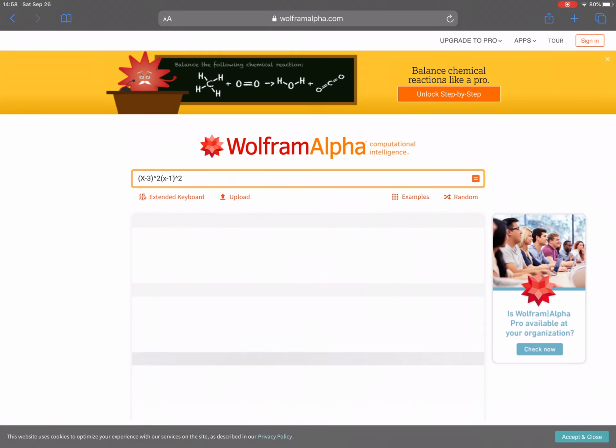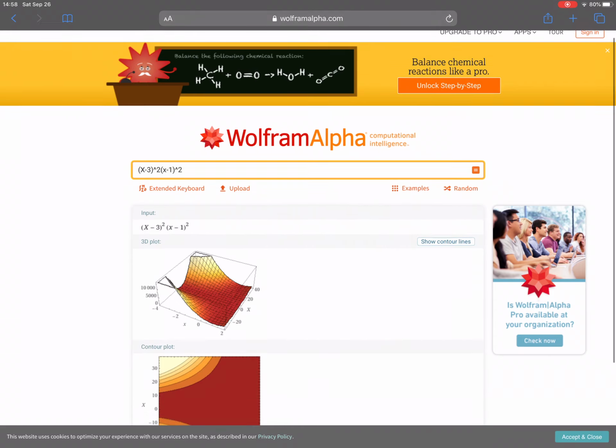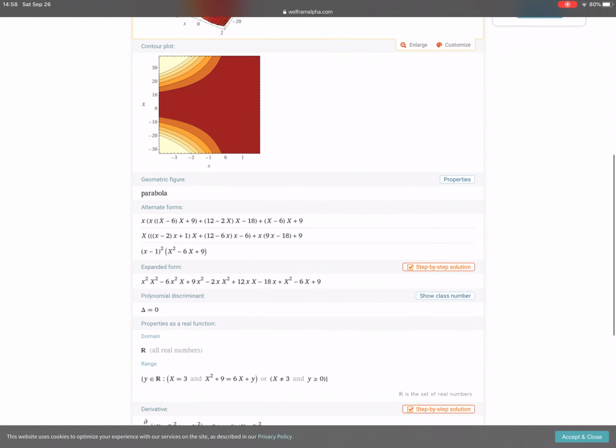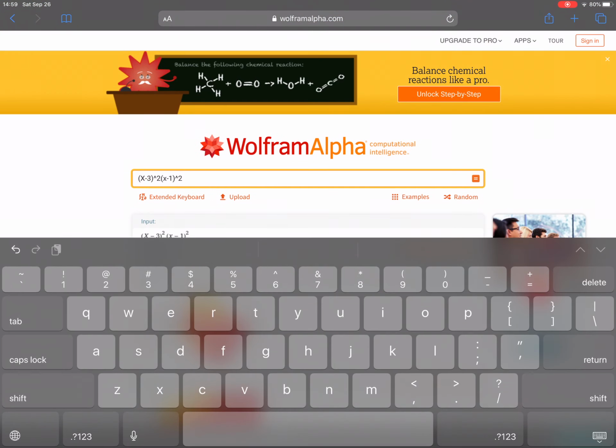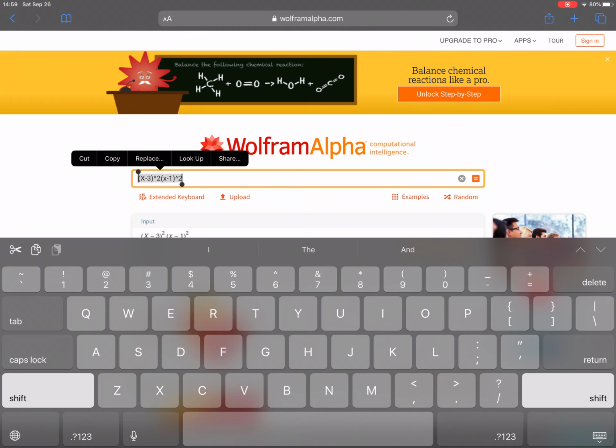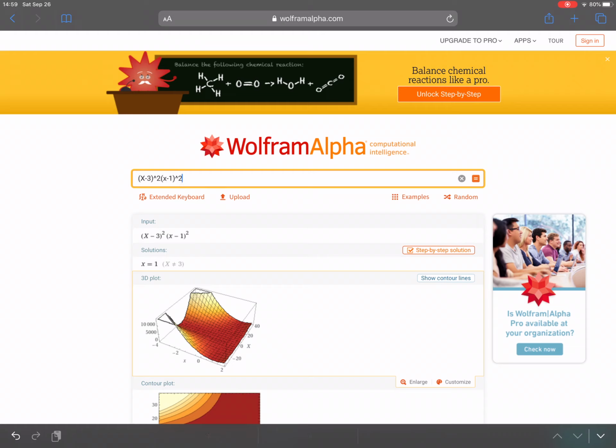I hope that it doesn't complain about the x's being different. The problem is it makes a difference between capital X's and non-capital X's. That's annoying, but okay. Why does it keep trying to write a cap here?